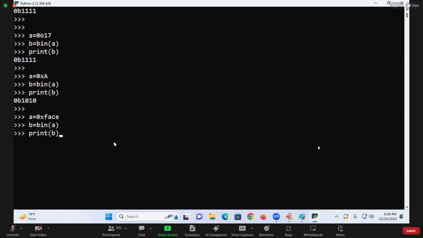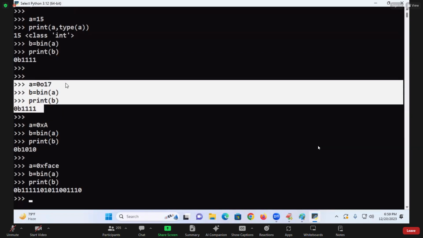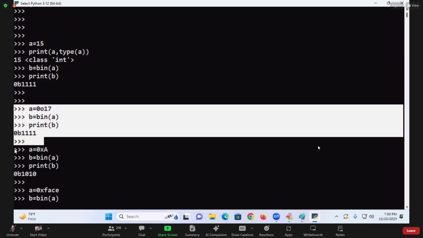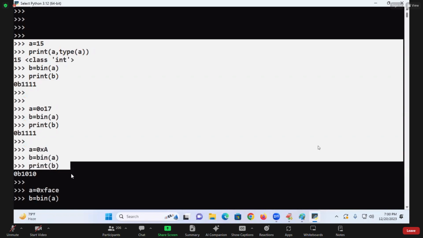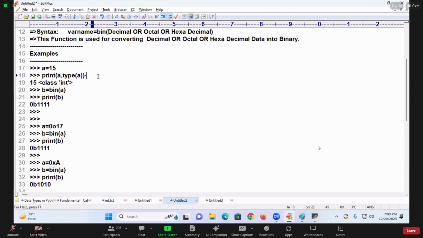Now print that value b, students. This is called the bigger number, 64,000 some value is available. Are you getting? So decimal to binary, octal to binary, hexa to binary. So I will go for this type of answer here. So here I'm going to print it.